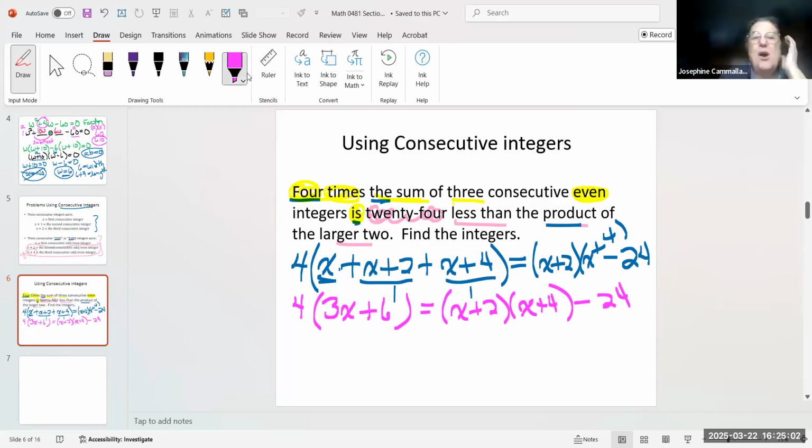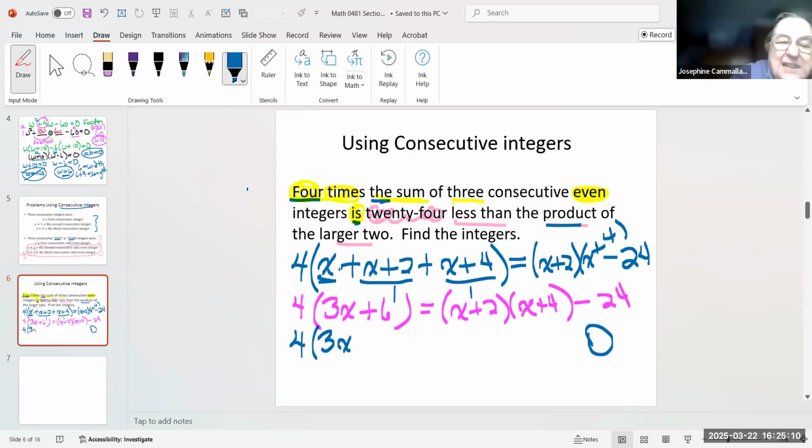Remember, I got to get 0 on one side. This will give me 4, 3x plus 6 minus.